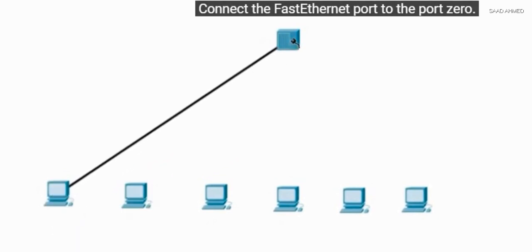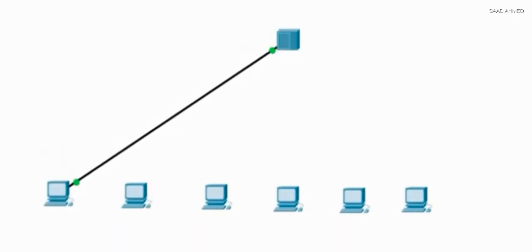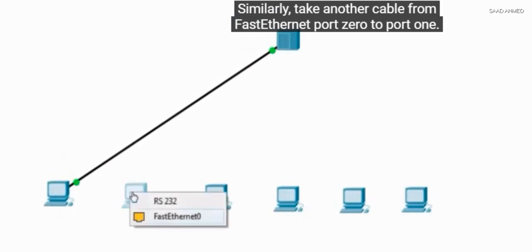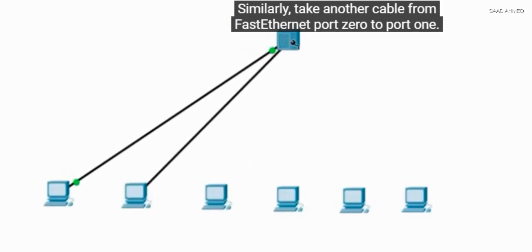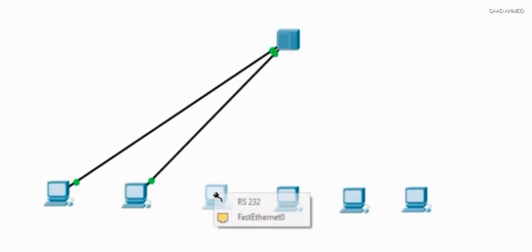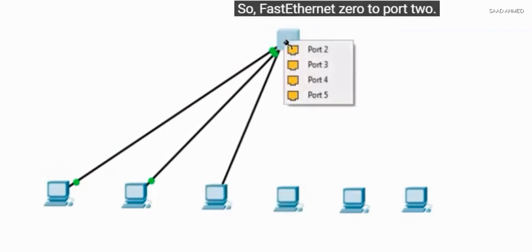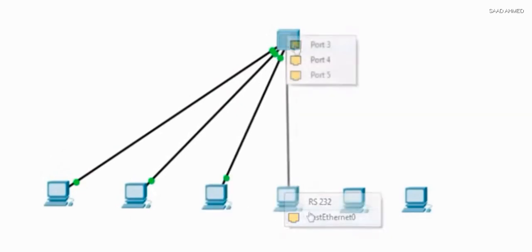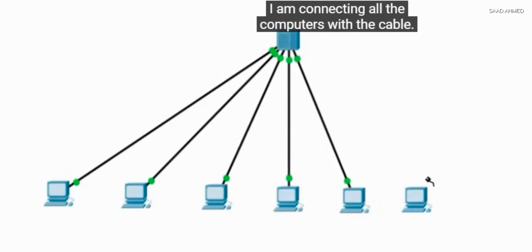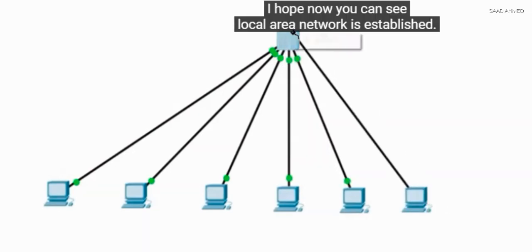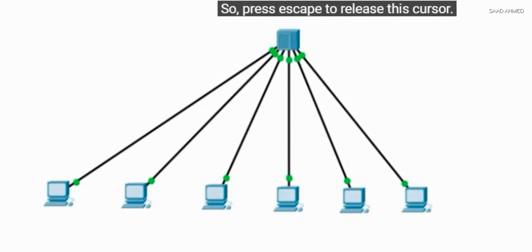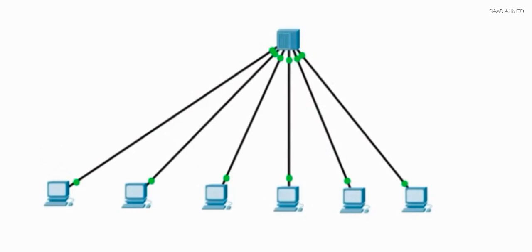Fast Ethernet, which is the port available at the end device, and port 0 is connected to computer 1. Fast Ethernet to port 1, Fast Ethernet port 2, Fast Ethernet port 3, port 4 and port 5 to the last computer. So a local area network is established, and you can see the green dots on both ends of this connection.